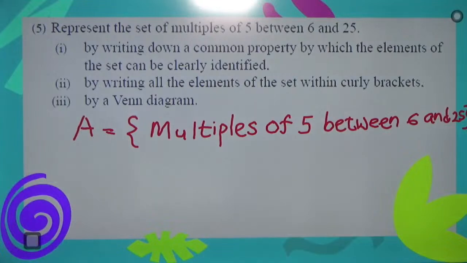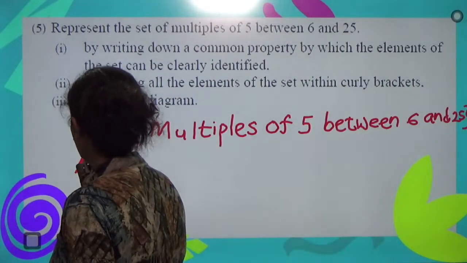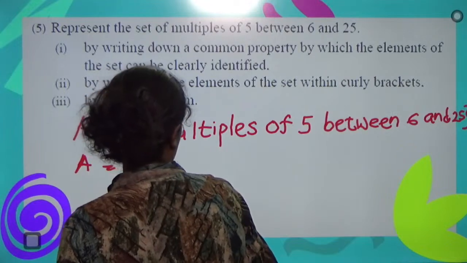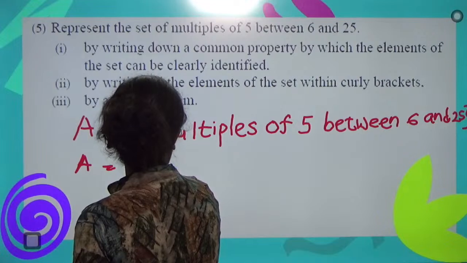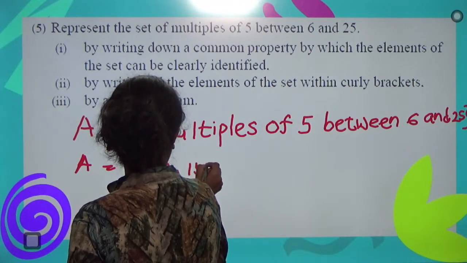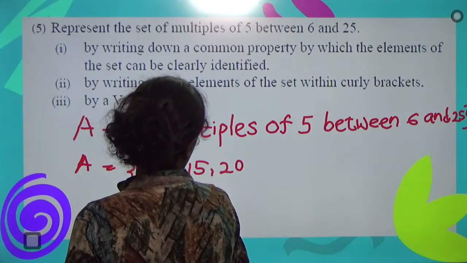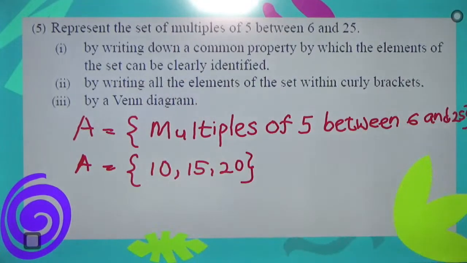Then next one, by writing all the elements of the set within curly brackets. Same thing, A is equal within brackets. What are the values? Multiples of 5 between? Yes. 10, then 15, 20, between 6 and 24, that's all. We can't take 25. 10, 15 and 20, that's all.